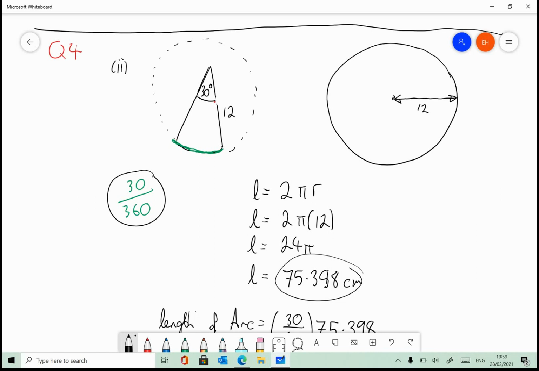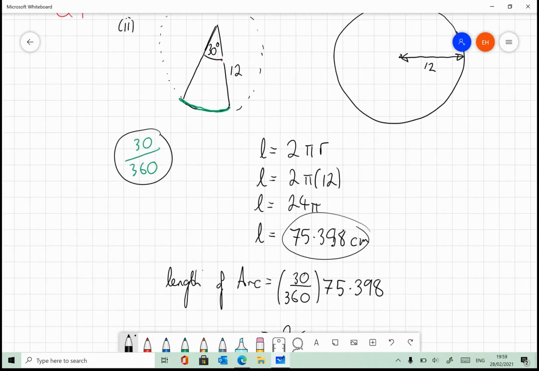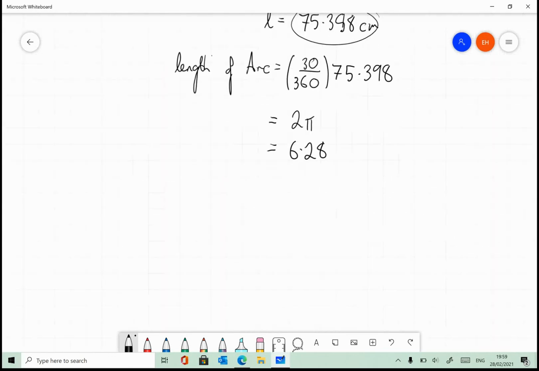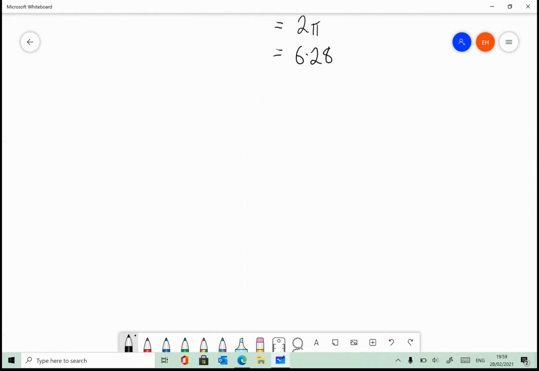Now, let's say I wanted to also work out the area of that. So we talk about the length of an arc, we talk about the area of a sector. Okay, so let's think about the area of the sector now. So area is equal to pi r squared. Area is equal to pi times 12 squared.